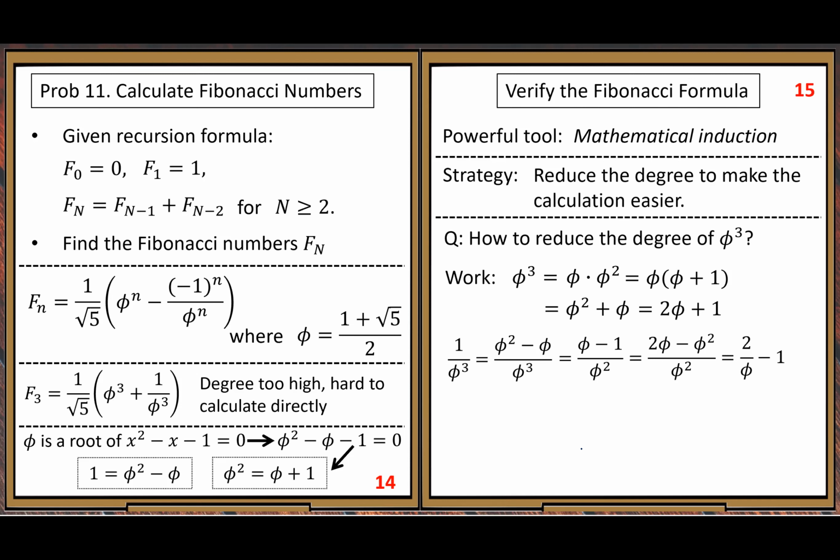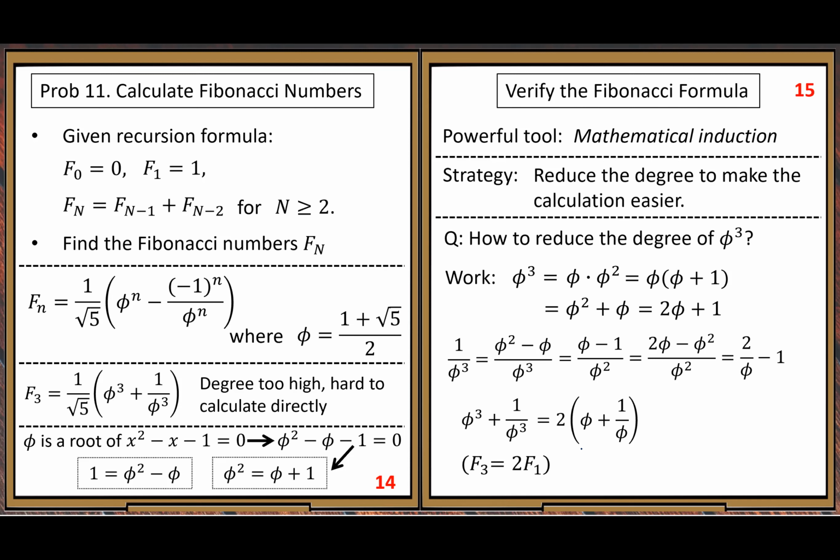Now we can add them up. Phi cube plus 1 over phi cube, we can add them up. Equals: minus 1 plus 1 cancel out. 2 is a common factor, we factor out, parenthesis, phi plus 1 over phi. What is that? Phi plus 1 over phi.